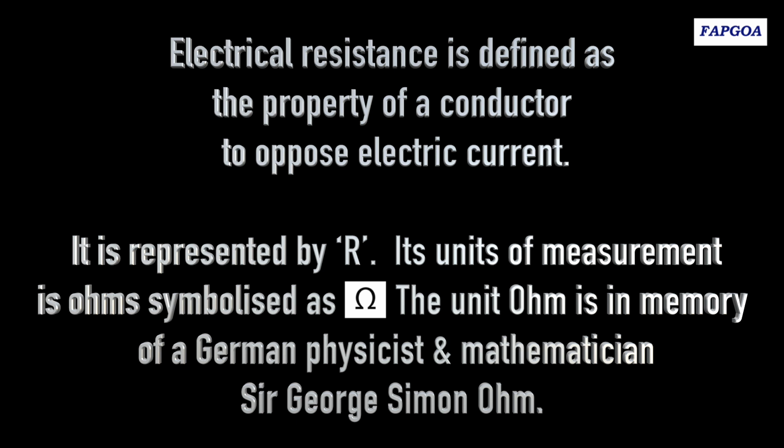It is represented by capital R. Its unit of measurement is ohms, symbolized as omega. The unit ohm is in memory of the German physicist and mathematician Sir George Simon Ohm.